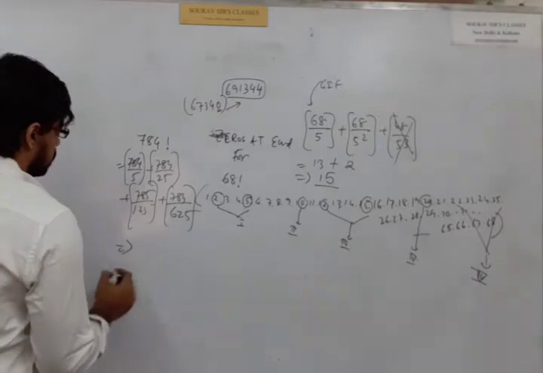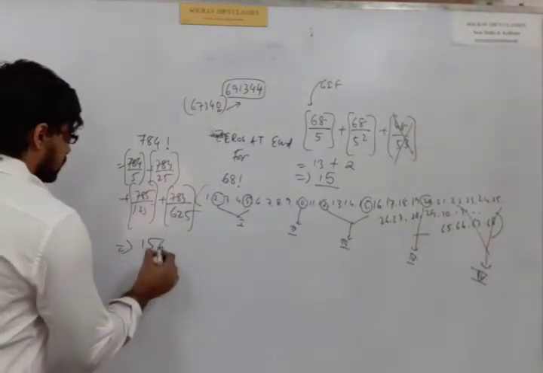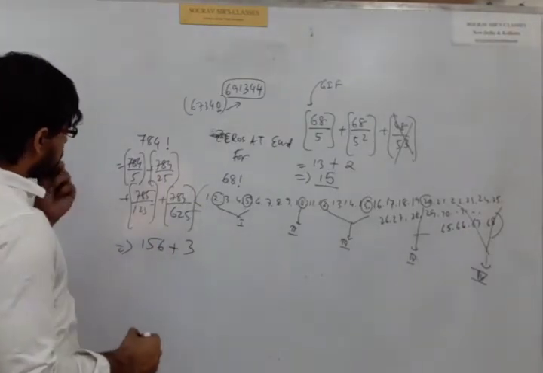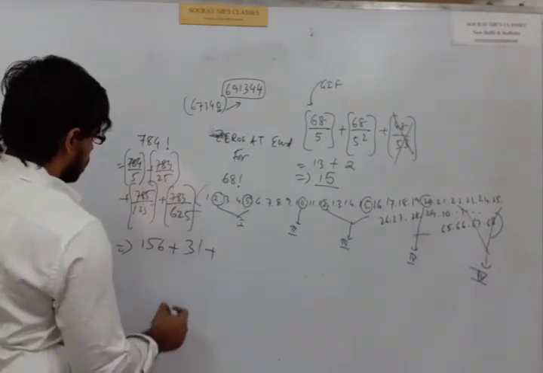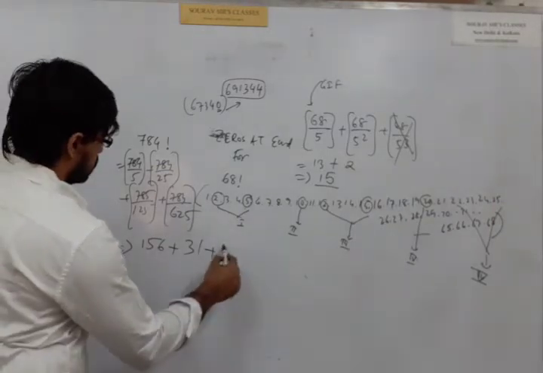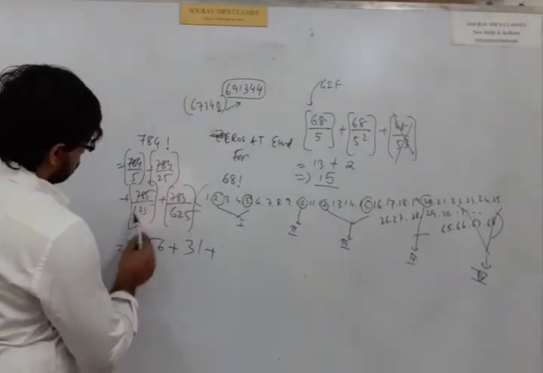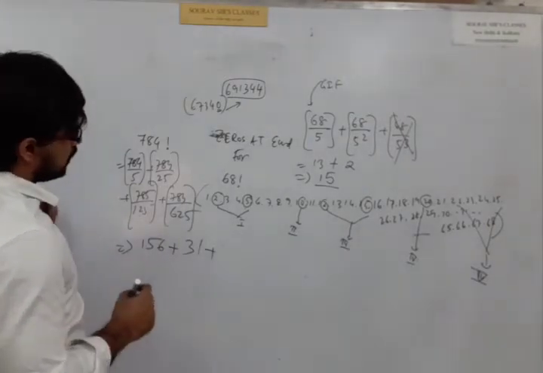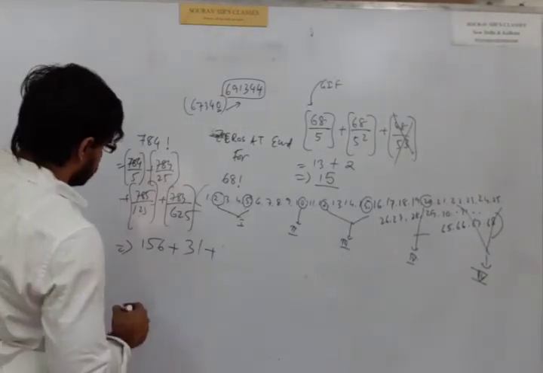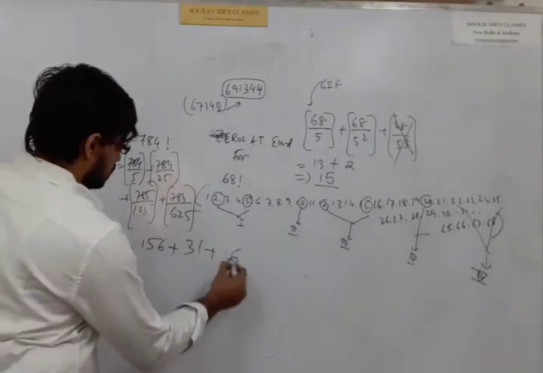So 5, 15 is 75, 5, 156, 30, 156, 75, 31, then 4, this is 500, 6 is this, 625, 650, 6 is going.